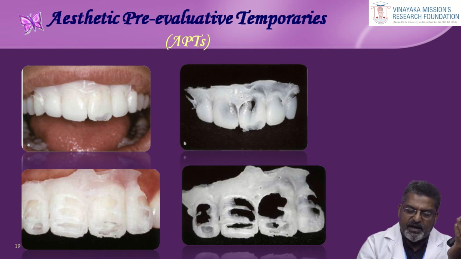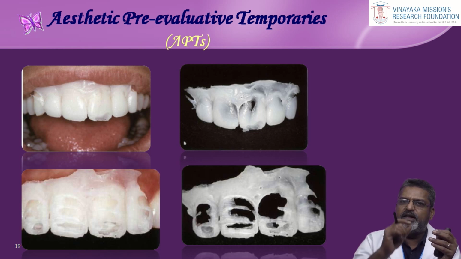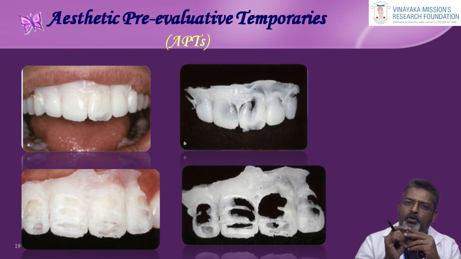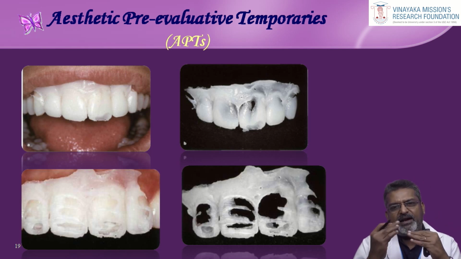So in this area you need more restorative material rather than trimming the tooth. If you are going to trim, the thickness of your restoration is going to be more. Here it is only 0.5, whereas here you are going to have more material. So you are not going to unnecessarily trim the enamel.